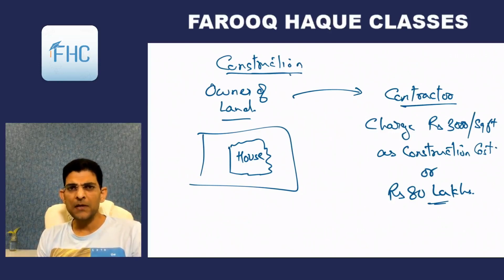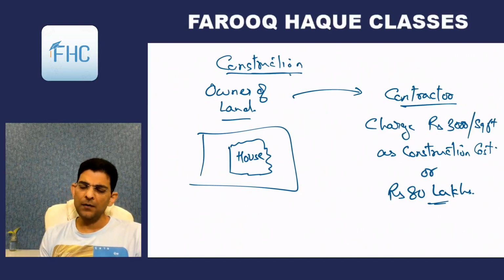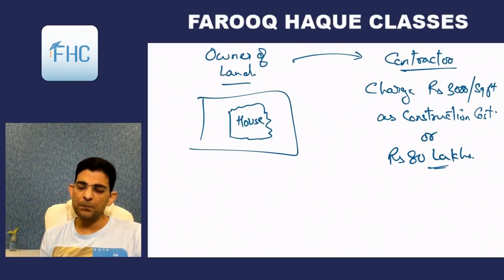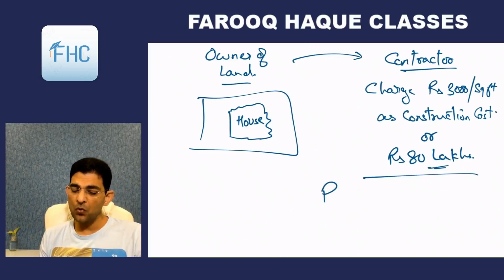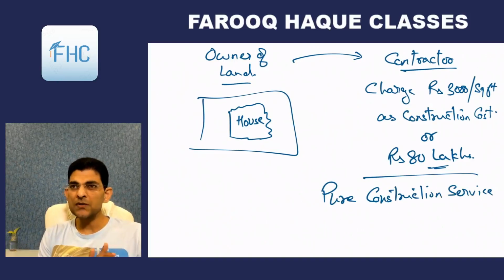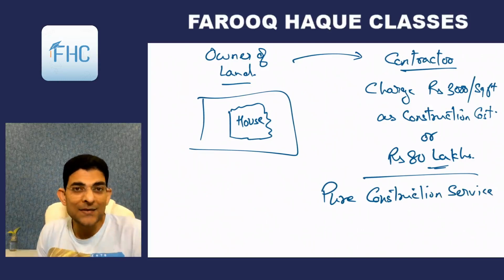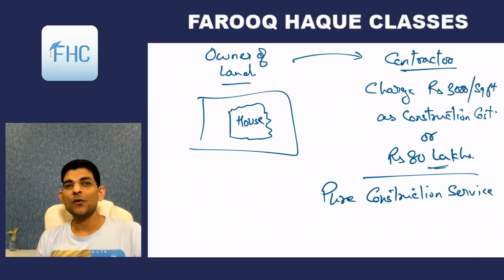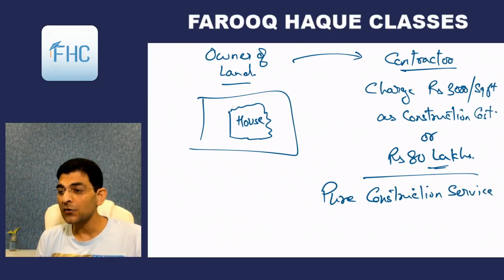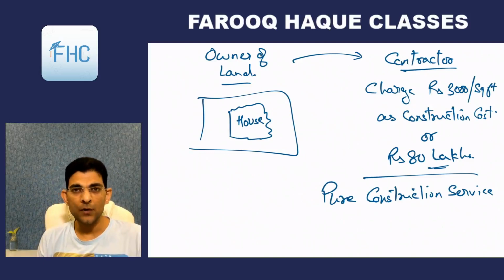Whatever the case may be, lump sum or per square feet, this is a pure construction service. What is pure construction? Where only construction service is involved, land is not involved. The contractor doesn't own the land and is not transferring any land. The land already belongs to the owner, and the contractor is purely giving a construction service.